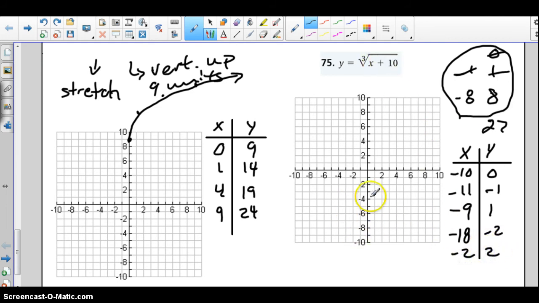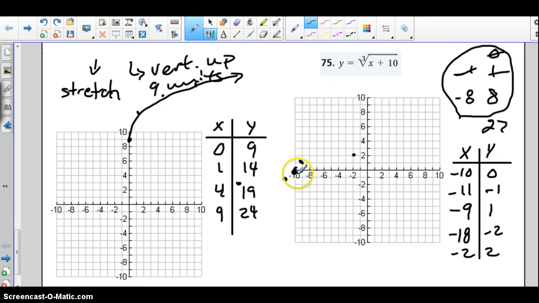Now let's plot these points. -10, 0. -11, -1. -9, 1. -18 and -2. So that's going to be somewhere over here. -18 down 2. And then -2, 2.